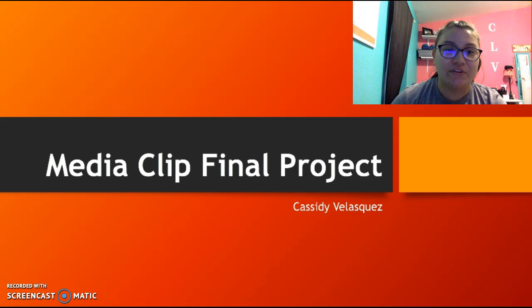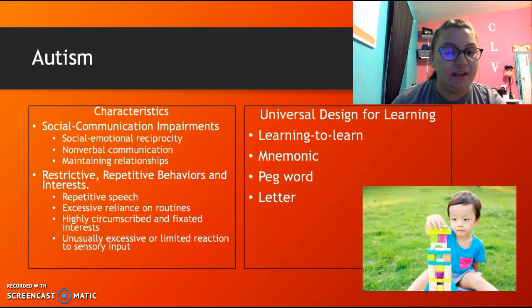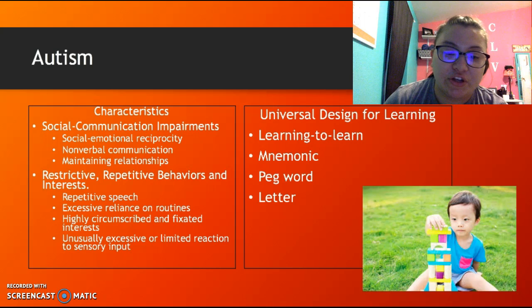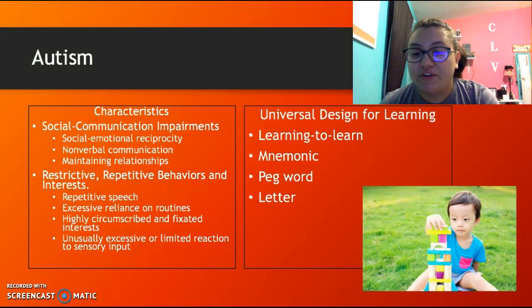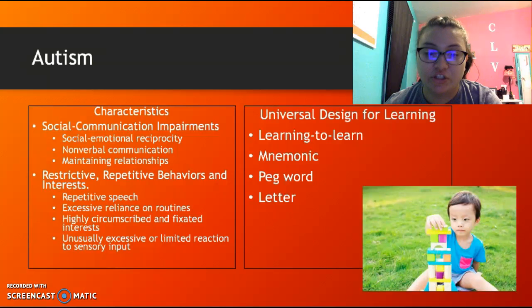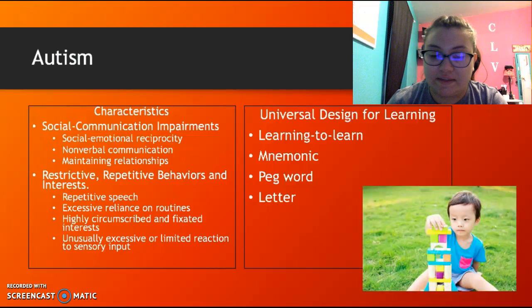But first off, I want to start with autism. There are two major characteristics, which include social communication impairments and restrictive, repetitive behaviors and interests. The three criteria of social communication impairments have been documented in research to occur consistently for people with autism.